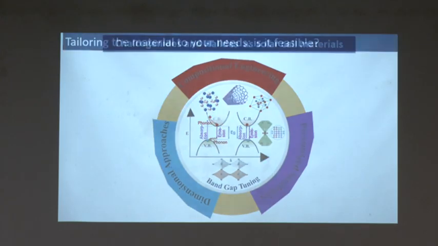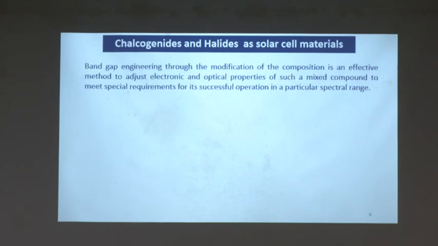What kind of materials should we use? As we told, we should use chalcogenide or halide materials because the band gap, in opposition to oxide materials, is low. Yes, because oxide materials possess a band gap above 4 electron volts, but it was shown that circa 1.5 will be most convenient.